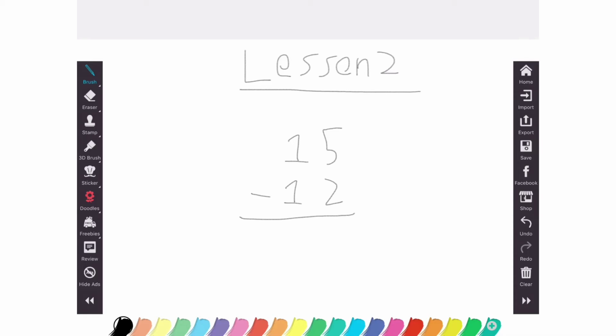So here, let's do the original way. Let's do 5 minus 2. What do you get? 3. So now we know 5 minus 2 is valid. Let's do this. 1 minus 1 is nothing. So 0. So the answer is 3.